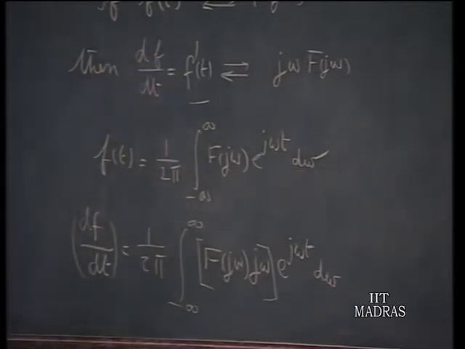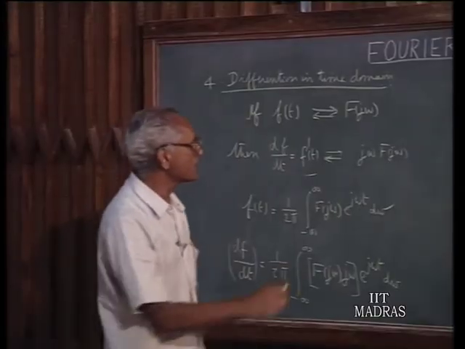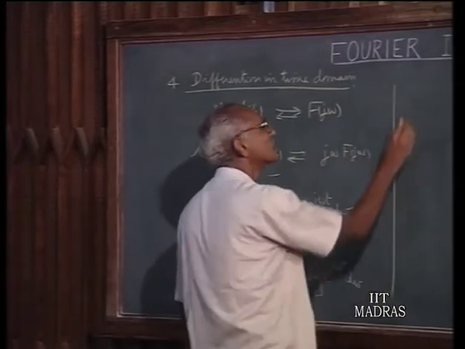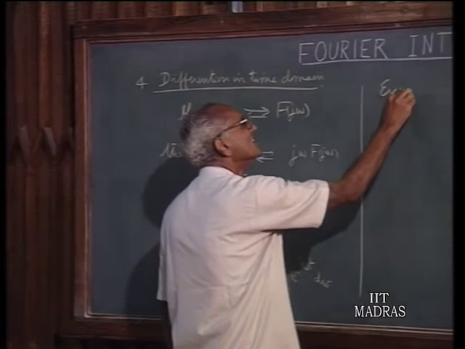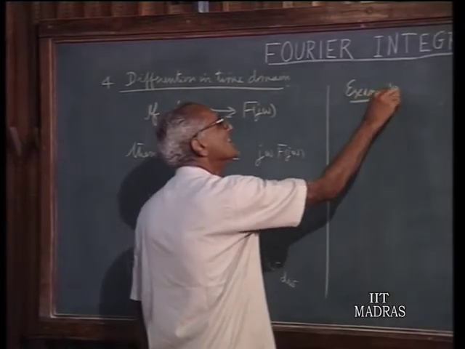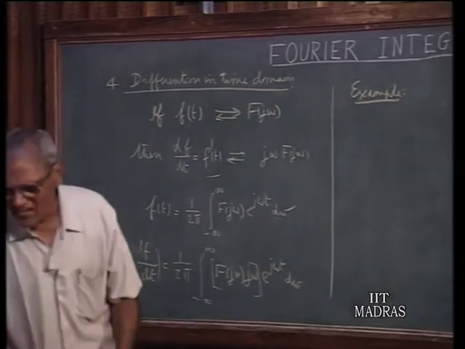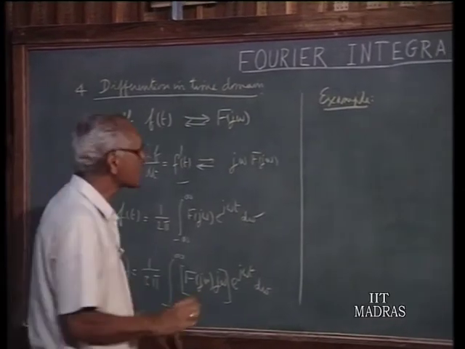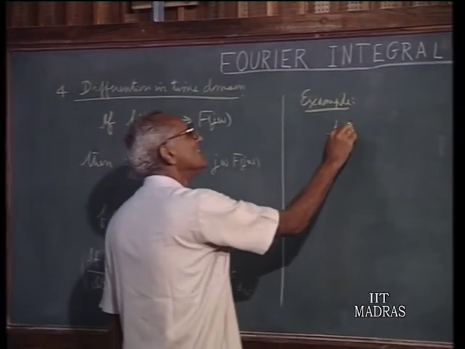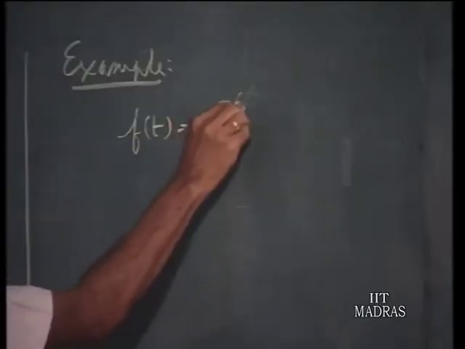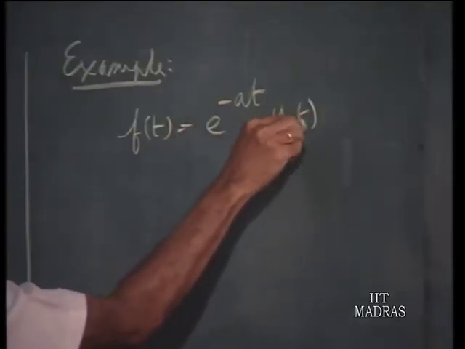So, this is a very useful result, and to illustrate this, let us work out an example once again. Let us take a simple signal f of t is e to the power of minus a t u of t.